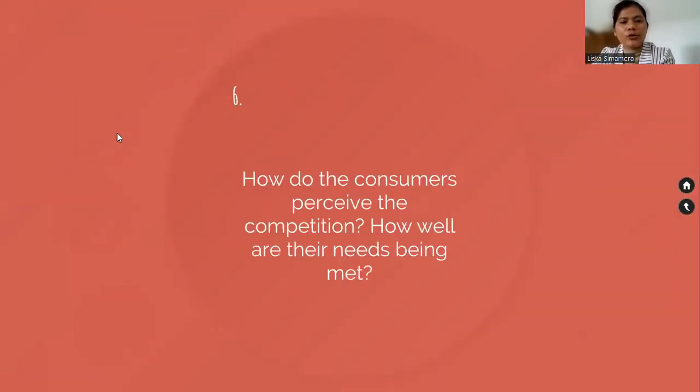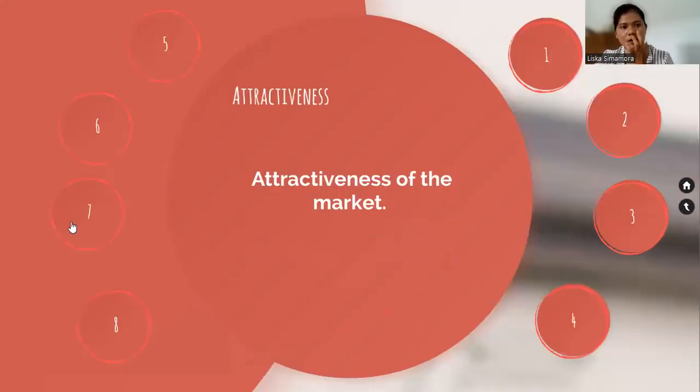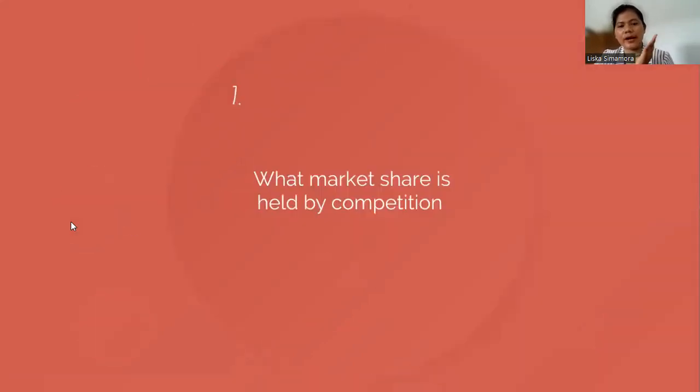And then how do the consumers perceive the competition? Okay, and how well are their needs being met? You have to recognize how your competitor is loved by your customers and your potential customers. And then what market share is held by the competition?